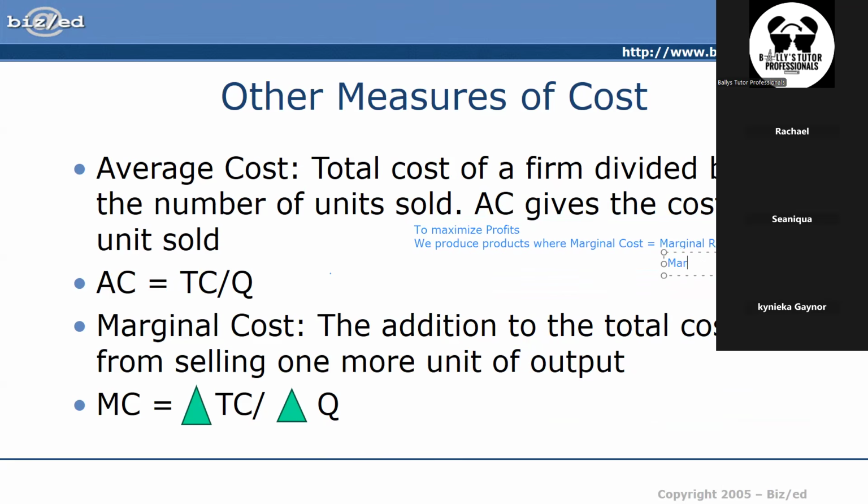Let's say this is marginal cost and this is marginal revenue.